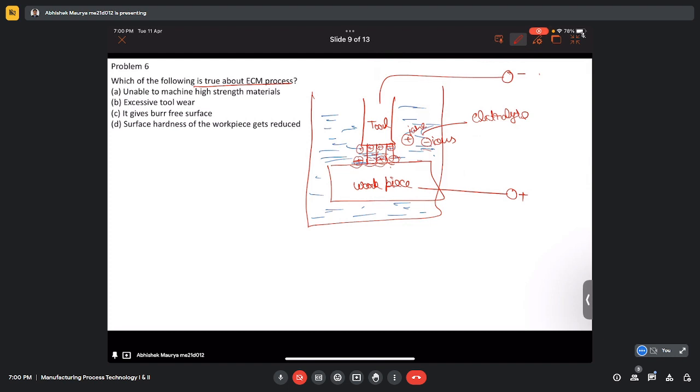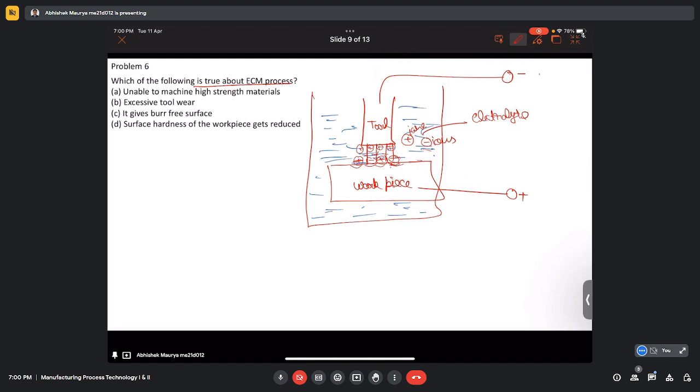The material removal takes place because of the electrolytic reaction. That is mainly responsible for the material removal.